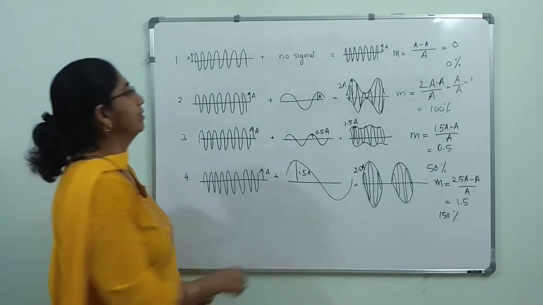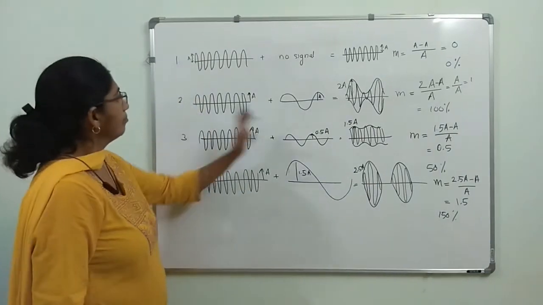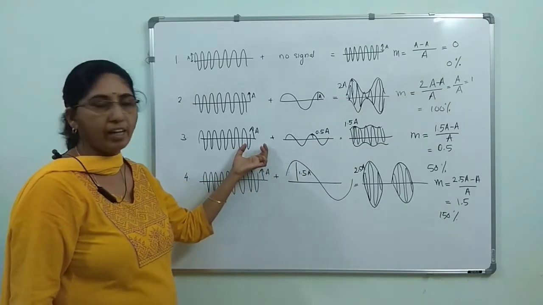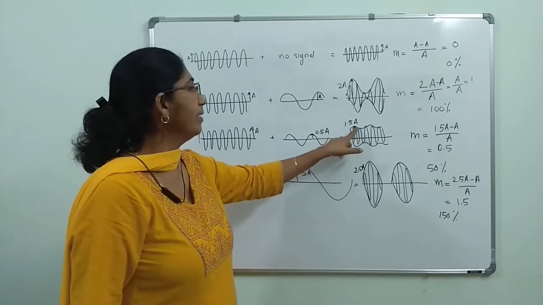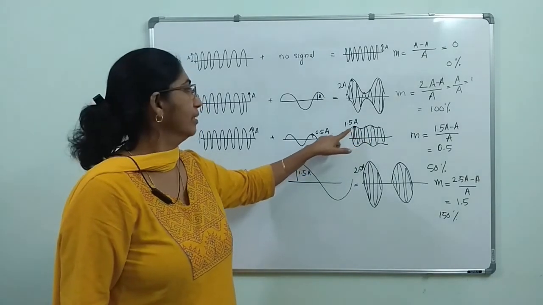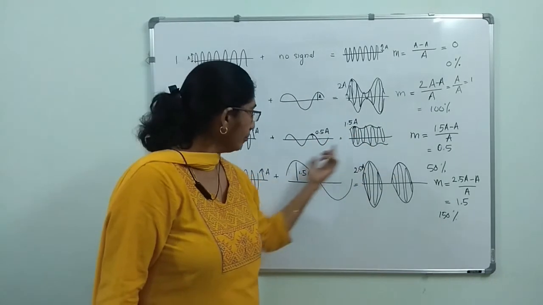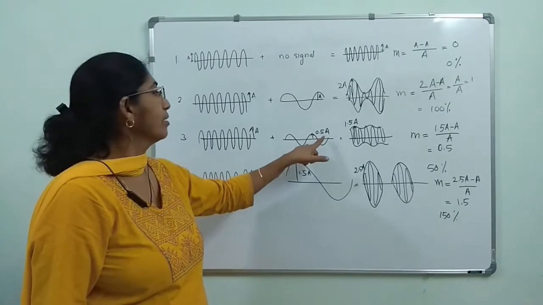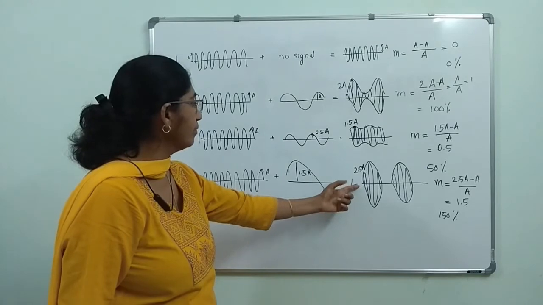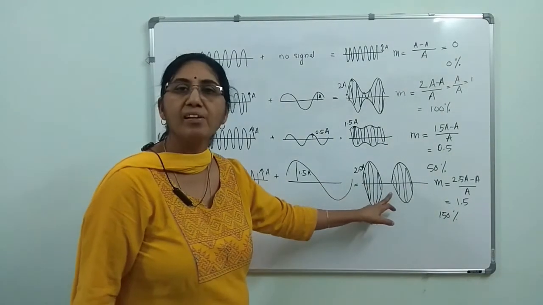So now you look at this. In this case, here the signal is having an amplitude much less than that of the carrier. So what happens? The signal that is being carried through this carrier wave has got very low strength. The signal strength will be very low when the amplitude of the signal is small. Whereas you look at this factor here, it is 1.5 times, but some part of the signal is lost.